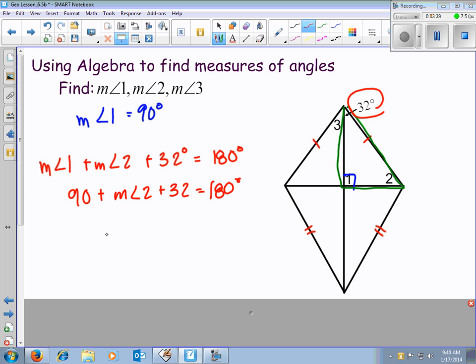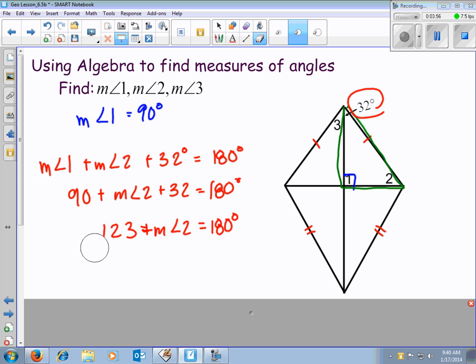So I have 123 plus the measure of angle 2 equals 180. Oh my gosh, apparently I'm not good at math today. 90 plus 32 is what? 122. So I have 122 plus the measure of angle 2 equals 180.